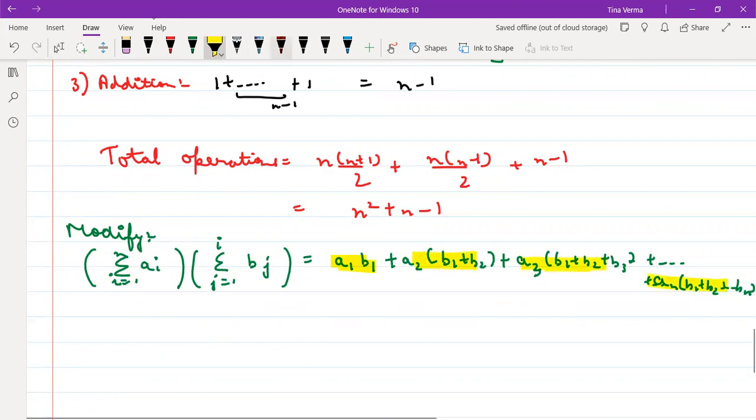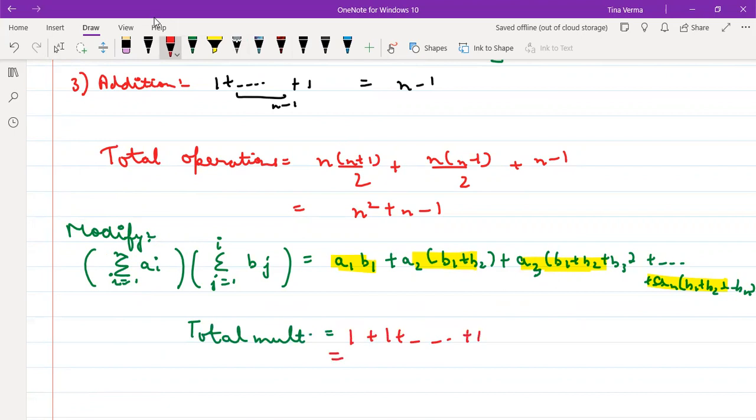So the multiplication has reduced to n, which was earlier n into n plus 1 by 2.